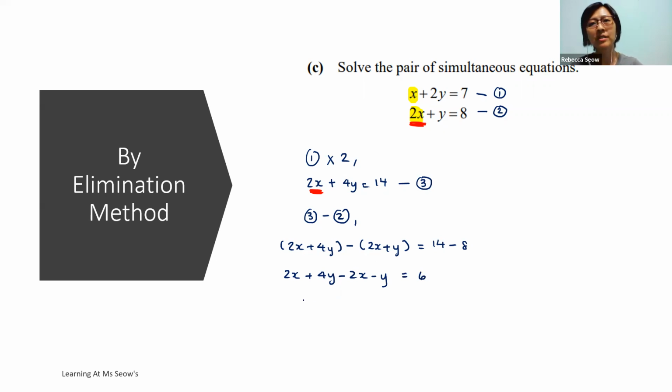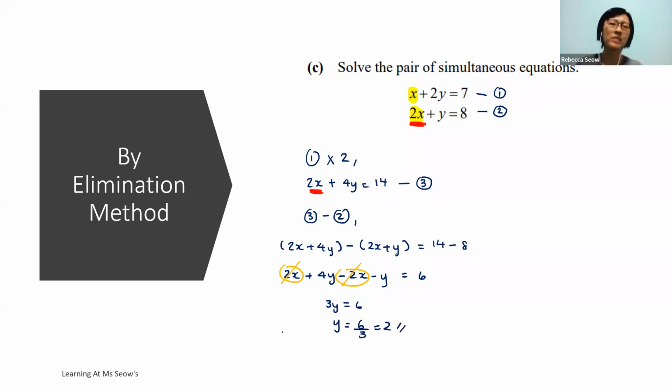Let's rearrange the terms on the left-hand side. While rearranging, you might notice that there is 2x and also a negative 2x, so these two would be eliminated. What is left is really plus 4y minus y. So that gives us 3y equals 6, and therefore y equals 6 out of 3, which is 2.